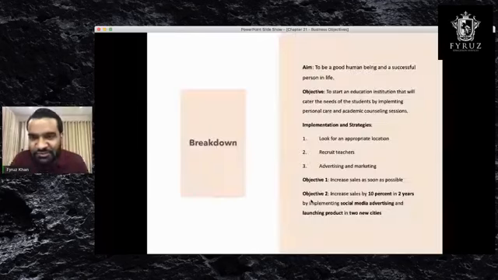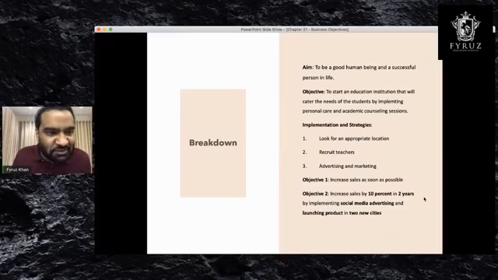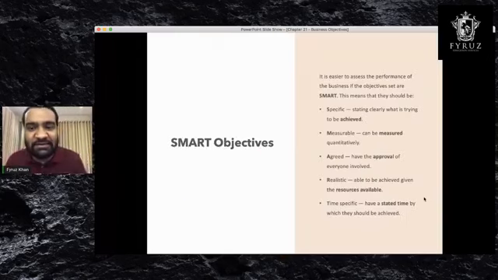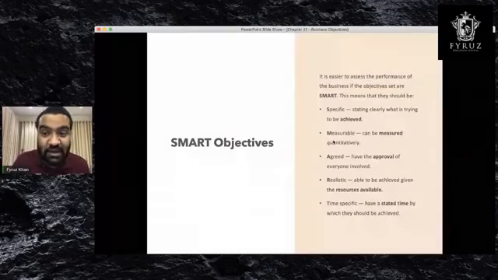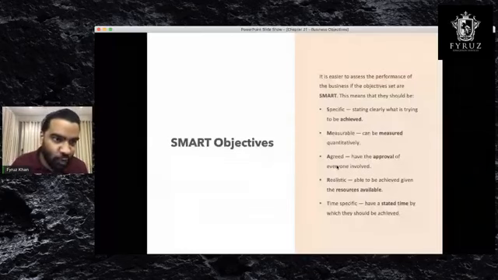When you set an objective, if you look at the objective properly, it follows a certain criteria. SMART means S is for specific. M is measurable. It can be measured. A is agreed, which means everyone has approved of the objective, or it's achievable. R is realistic.